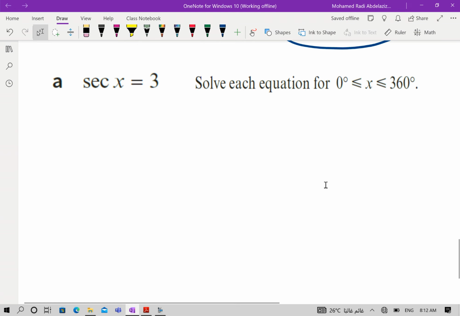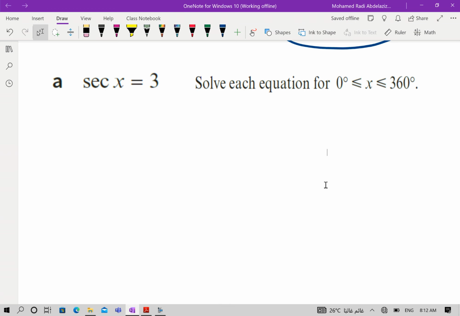How to solve this equation? Step number one, don't try to deal with cotan or sec or cosec at all. I will change it back to AS level, sine, cosine, or tan, then solve.